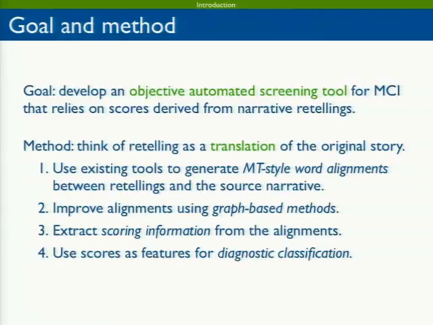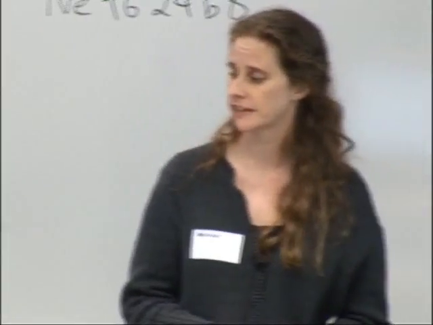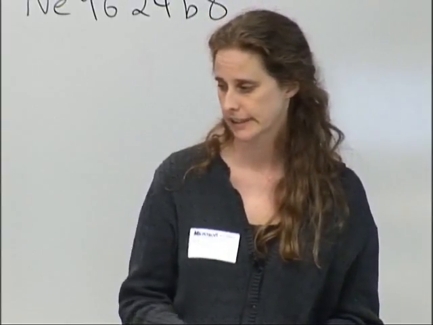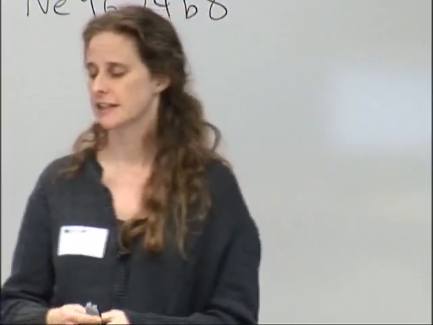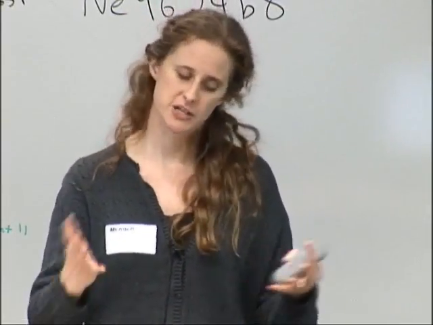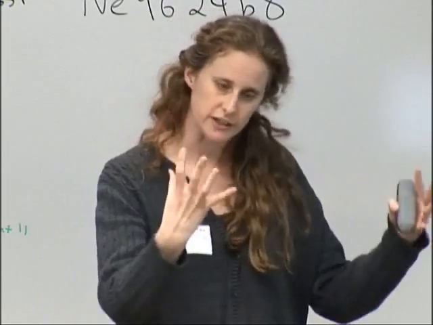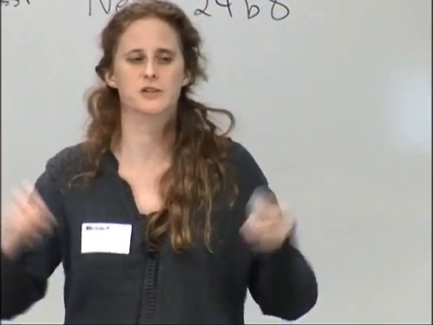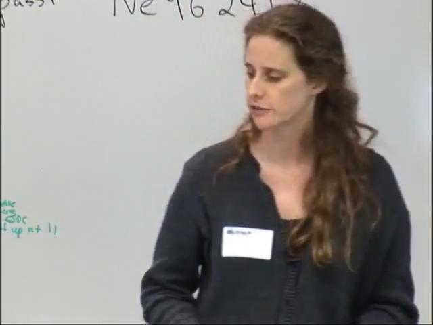So the goal is to develop an objective automated tool for detecting MCI that relies on scores derived from narrative retellings. And the way we're going to do this is to think about retelling as a kind of translation. So imagine that the story, you hear it, and you translate it into your own language. It's the same language, but it's your own special idiolect of that language.